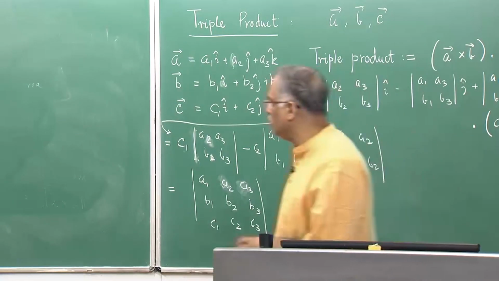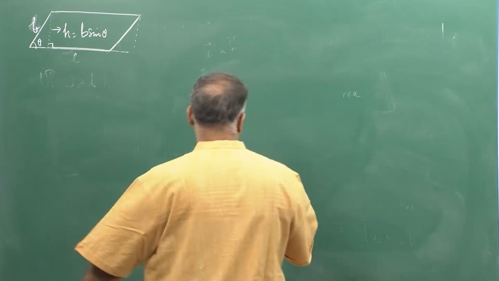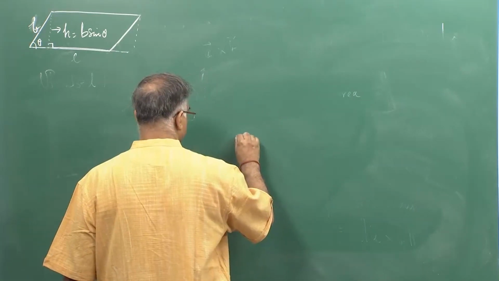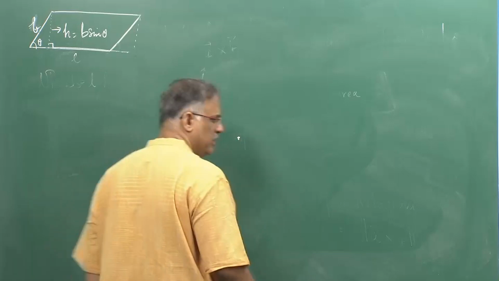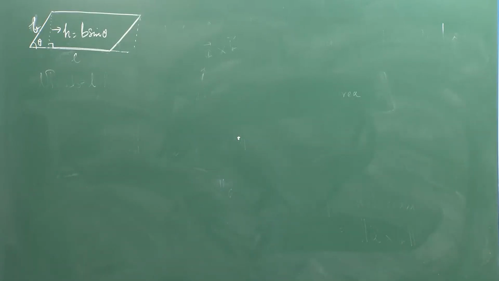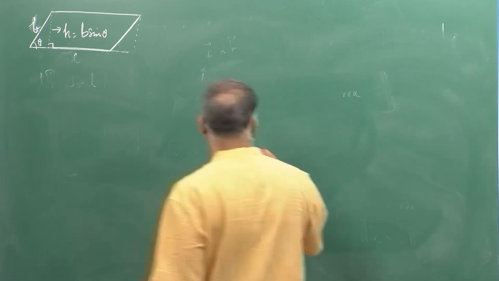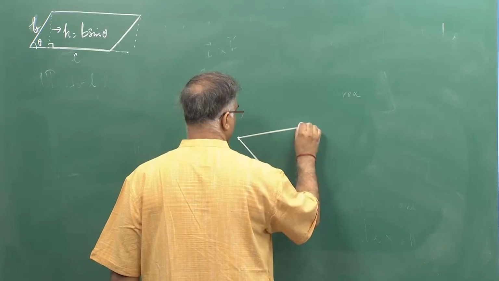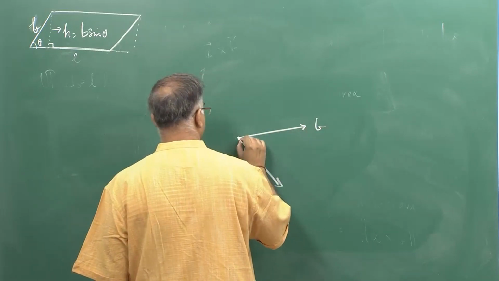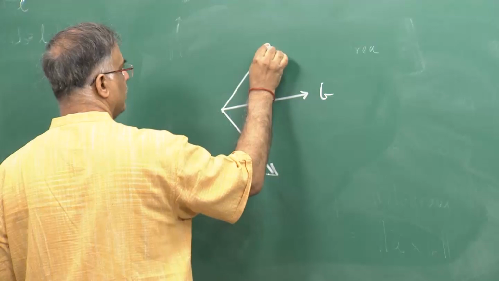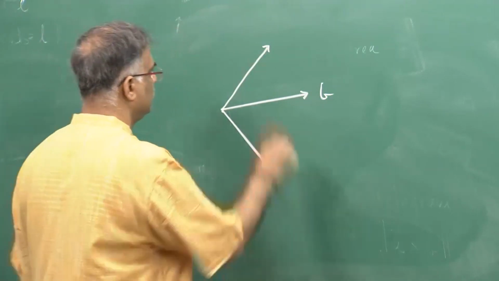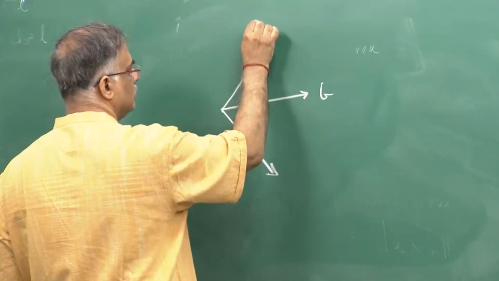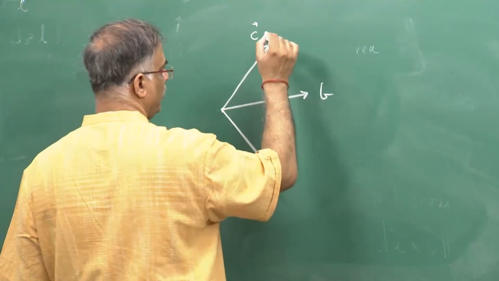Suppose I draw a parallelepiped, right? So I am in 3 dimensions. So this is my origin. So let me see which way I will go drawing A vector, B vector, and this is my C vector. So the parallelepiped you can form like this.